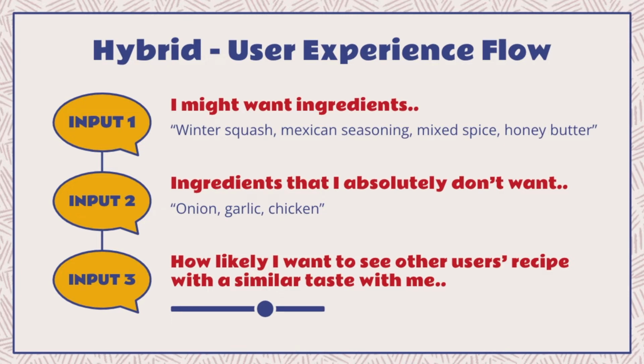The first one is that you might want to include some ingredients. The second one is some ingredients that you absolutely do not want to see. And the third one is how likely you want to see other users' recipes who have a similar taste to you, where the user drags a rating bar and creates a value between 0 and 1.